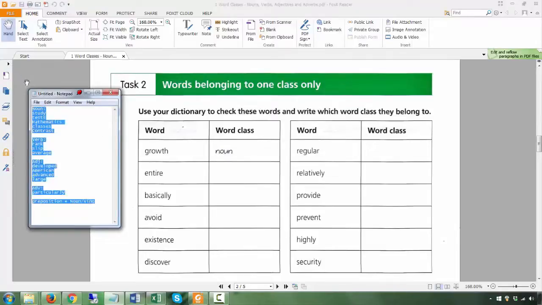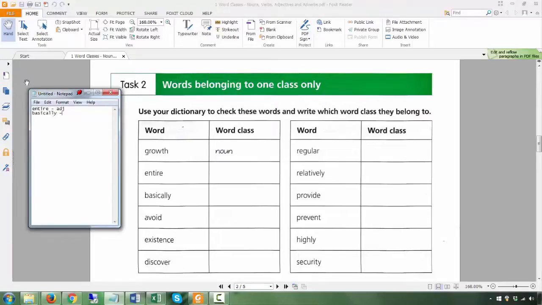Let me just get rid of that. And so let's go through them. Entire. If you go to the dictionary, of course you will be able to find out quickly, but anyway, entire is an adjective. How do you use it? Like the entire world. So it's describing world.